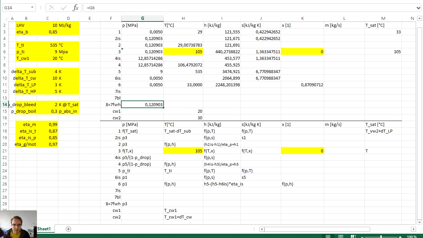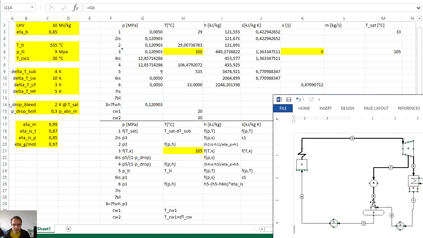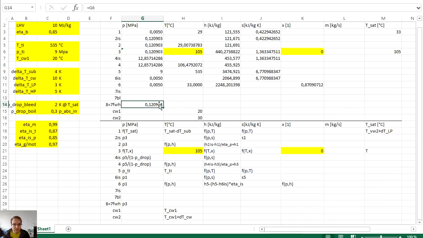Now this pressure corresponds to a saturated temperature of 105 degrees C. So we will also put the saturated temperature the same as T3. But be careful, it's only the saturated temperature, as we will see shortly.